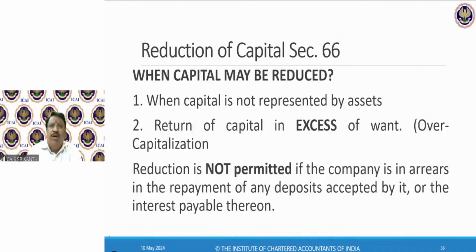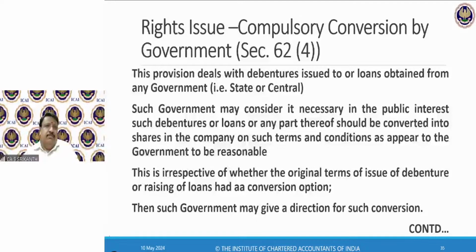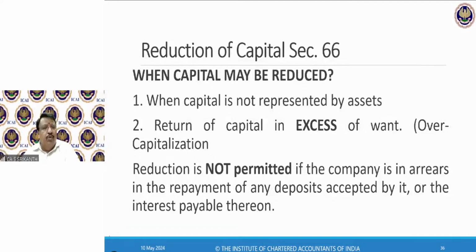Now, moving on. Moreover, this class also is not an elaborate class. It is meant to be taught fast. So, I cannot teach everything. I have to go a little fast. Reduction of capital. As I told you, a company's capital is the representation of what the creditors can get.